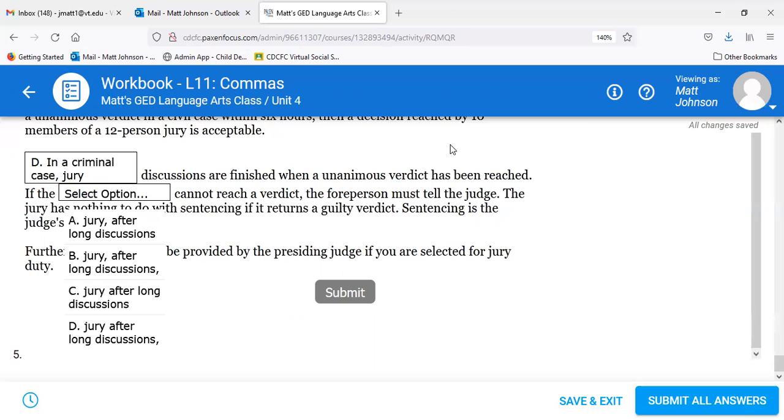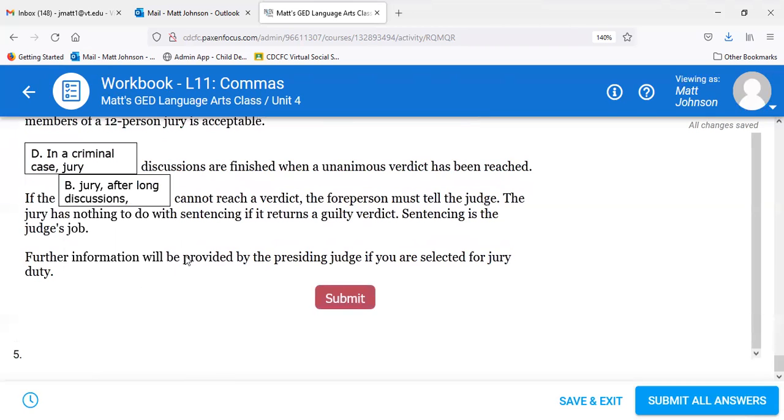I think the answer is A. A. This one's a little tricky. That is partially correct. B, there you go, because you can omit after long discussions and it'll still be a complete sentence.